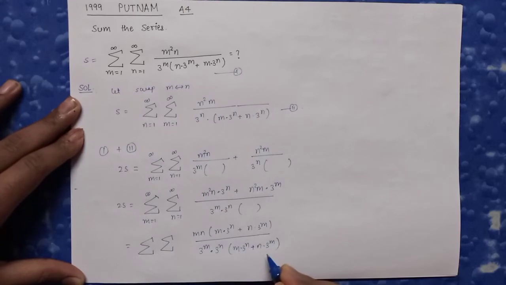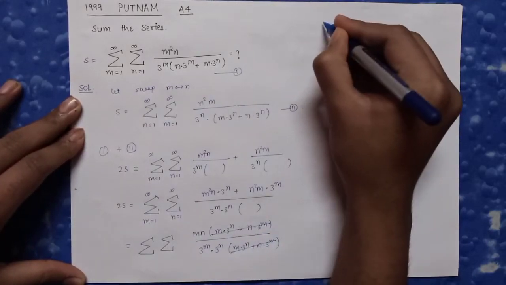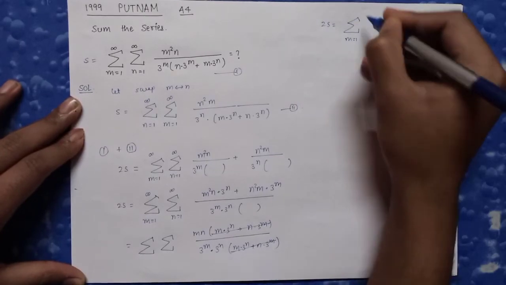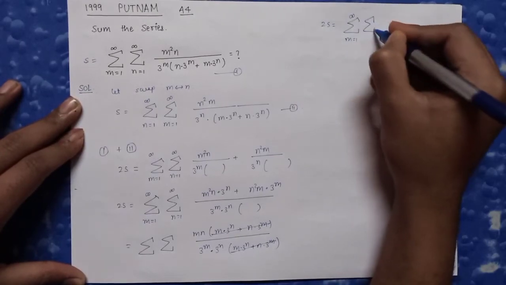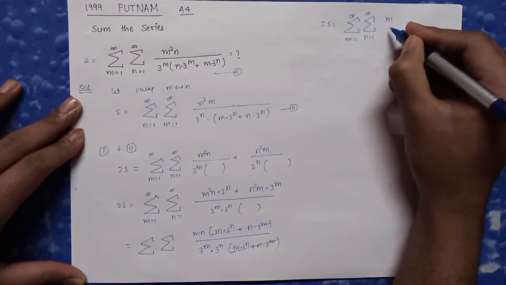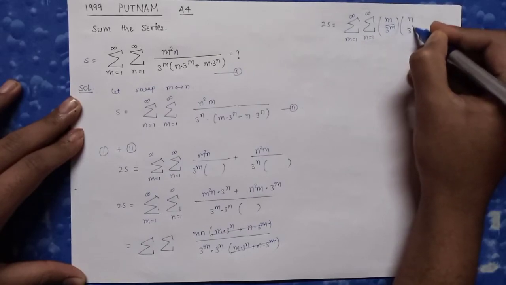Since these two brackets are the same, I can cancel them. Further, 2S equals the sum over m from 1 to infinity and once again n from 1 to infinity of m by 3 raised to power m multiplied by n by 3 raised to power n.